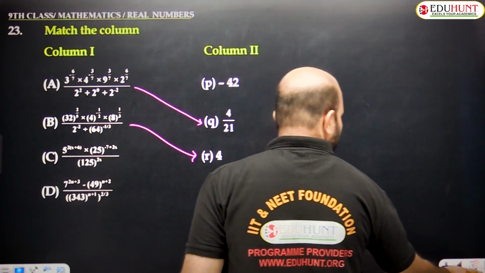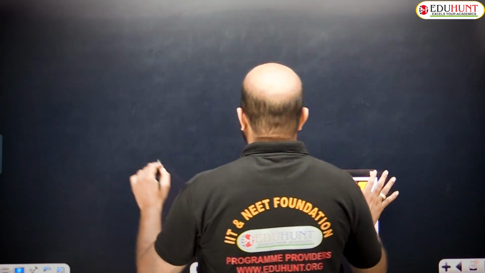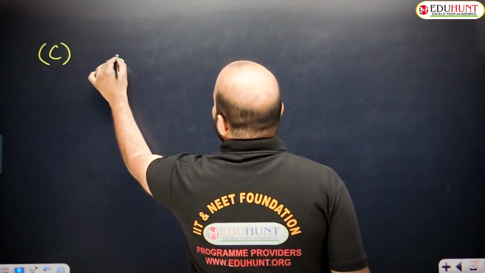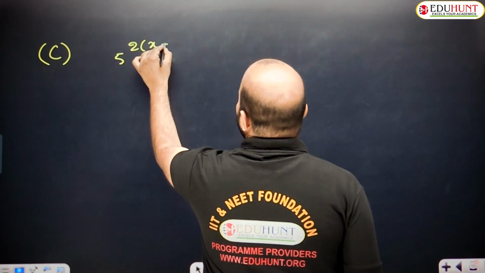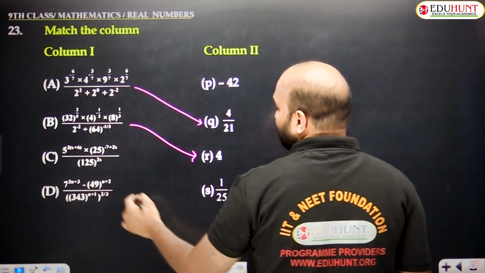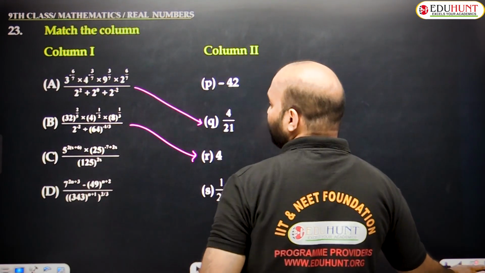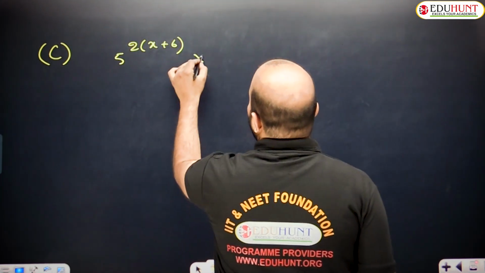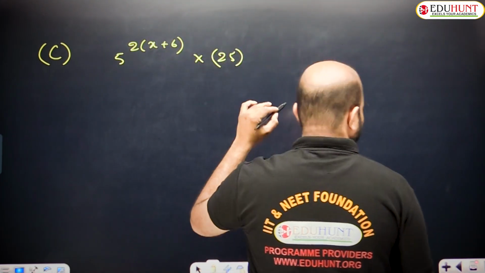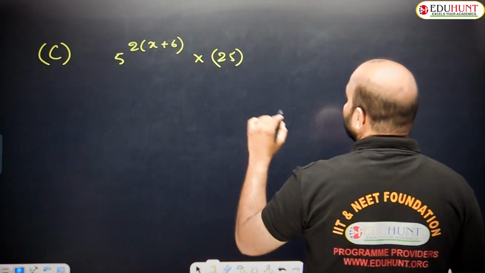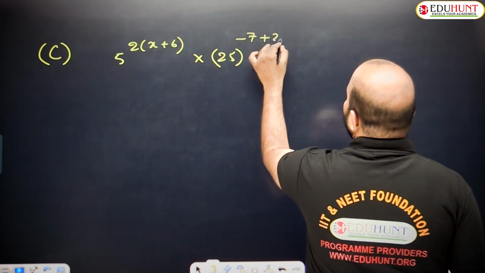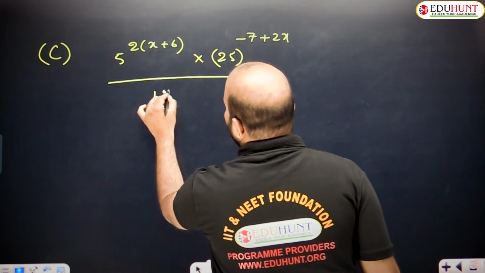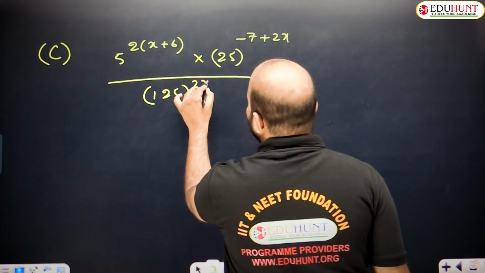C column, 5 power 2 into x plus 6, into 25 whole power minus 7 plus 2x, whole by 125 whole power 2x.